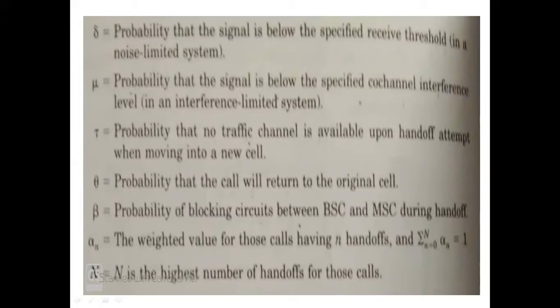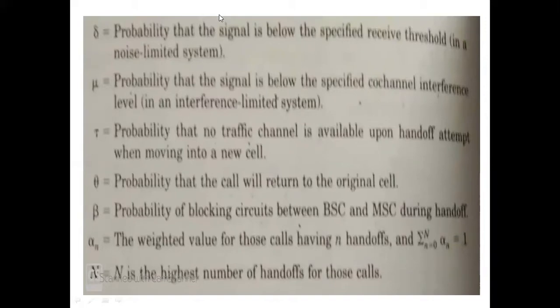If it is less than the threshold level, then the signal is poor. So how much the signal is below the threshold level is represented in terms of probability, that is delta.